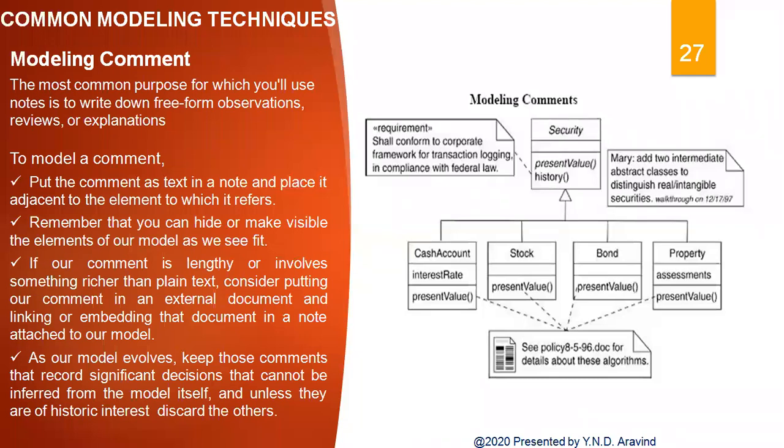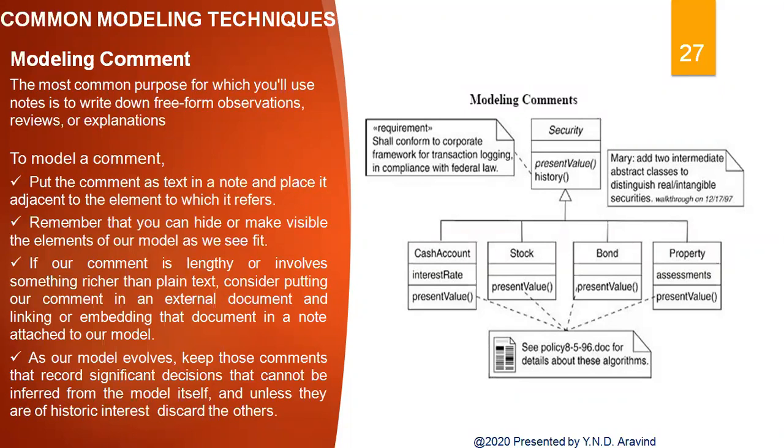Now let us see the common modeling techniques. Coming to modeling comments, the most common purpose for which we use notes is to write down free-form observations, reviews, or explanations. By putting these comments directly in our model, it can become a common repository for all the disparate artifacts.